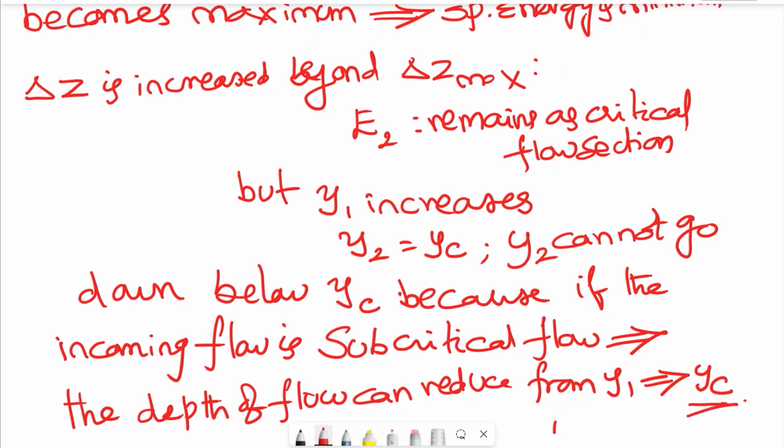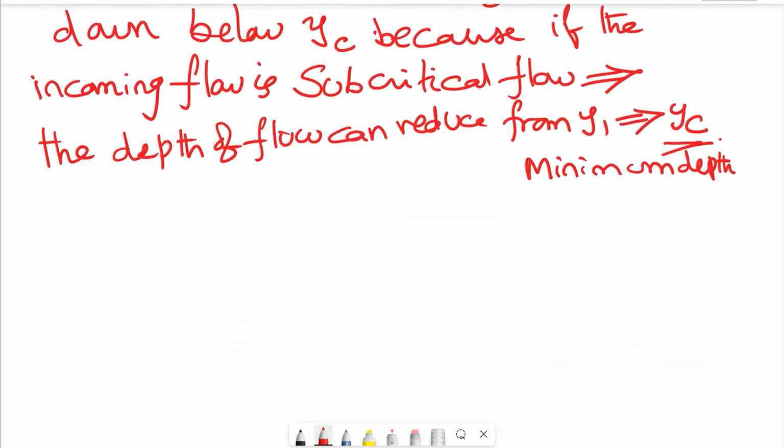This is the minimum depth. So these are the conditions you should know.